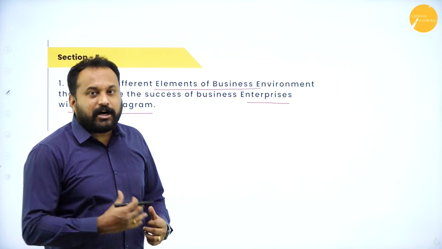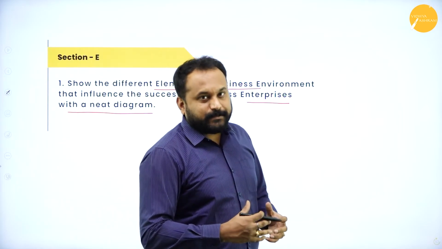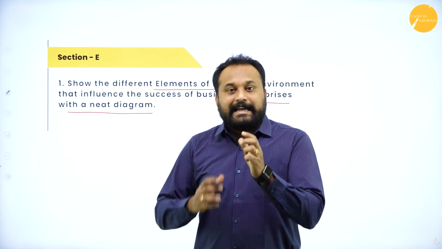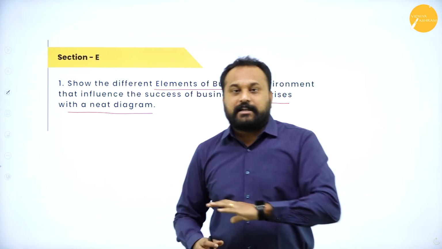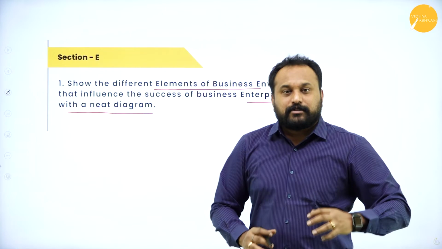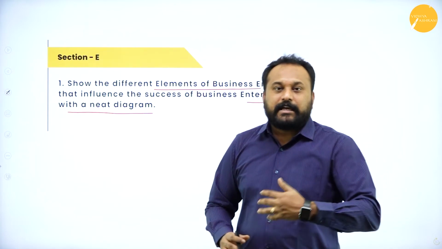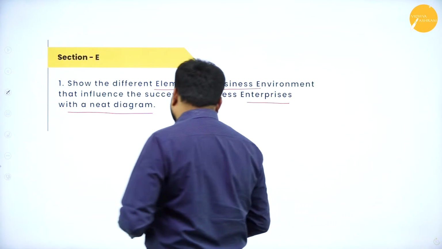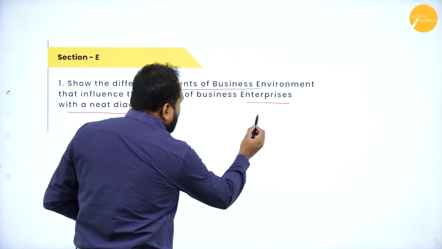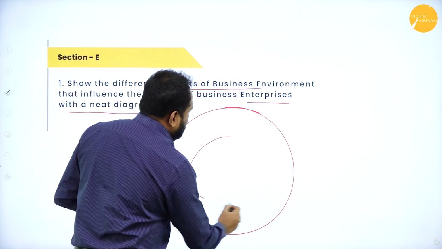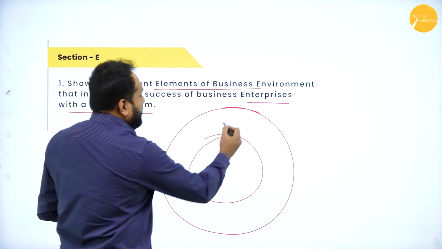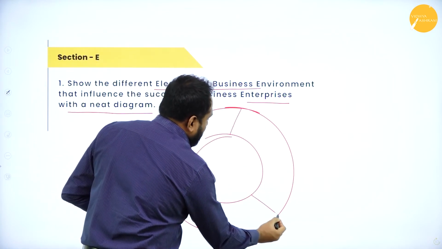Now, elements of business environment. Never get confused. Elements of business environment and dimensions of business environment are both the same. So the same way, the L step of the chess horse, you are supposed to go with it. But here when you draw the diagram, go with a circle. Then again here also in a circle you can go with. Then you start writing the elements here.